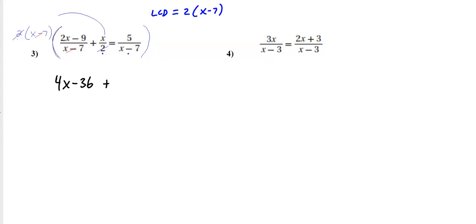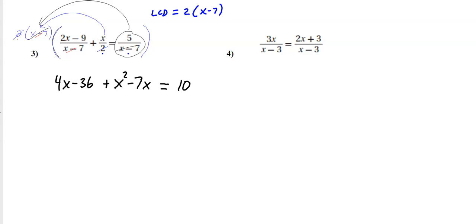So it's basically going to be x times this piece. So that's going to be x squared minus 7x. x squared minus 7x. And then when I do the 5 times that piece over there, when I do this chunk times that, the x minus 7's cancel. And I just have 2 times 5. 2 times 5 is 10.